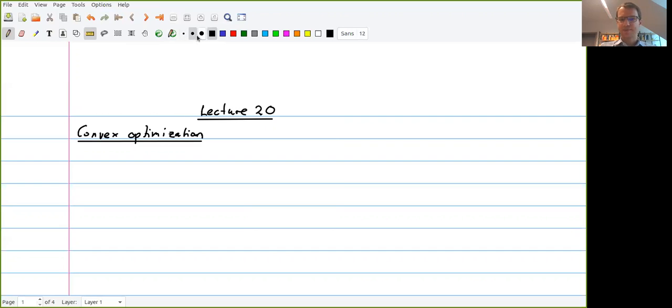So what is the setting? The setting is that we have a function f, which maps from R^n to R. And unsurprisingly, we want to talk about convex optimization. So we assume that f is a convex function, and we also want to assume that it is continuously differentiable.